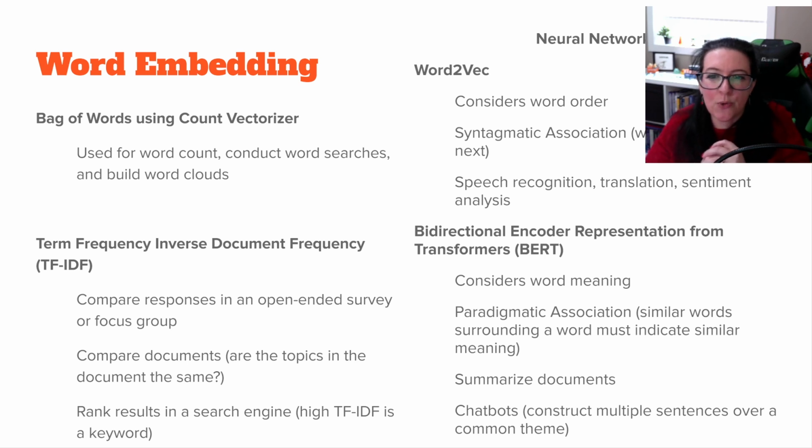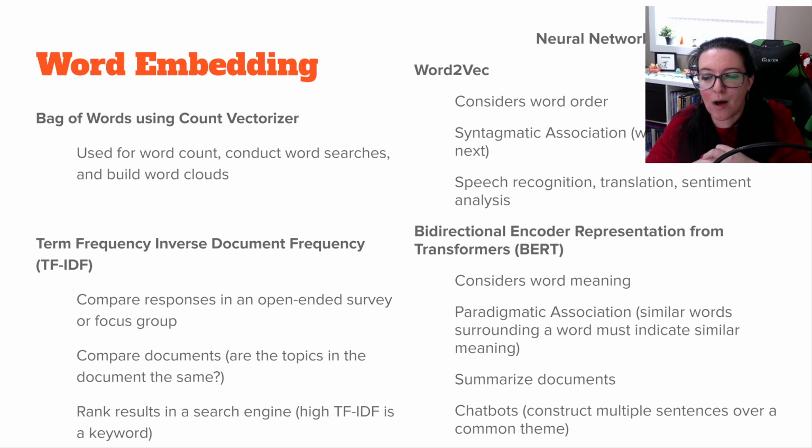And so we can use BERT then to summarize documents. We can look at our themes. And as we take this even further into generative AI, we can create chatbots which construct multiple sentences over that common theme. So again, you can see how our word embedding methods build as we get more and more complicated models.